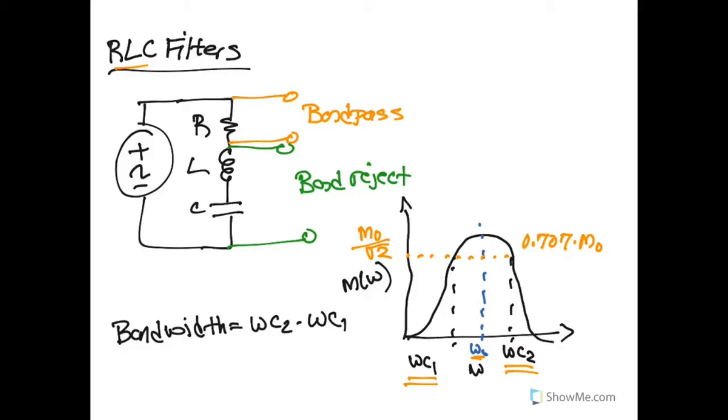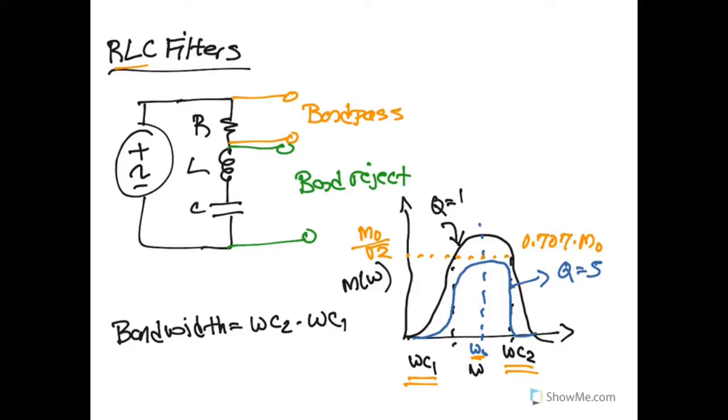A filter that has a more narrow bandwidth is going to have more quality to it. So let's say that this filter right here has a quality of 1. We look at this bandwidth and it's a little bit too large, and so we narrow it. Now it has a quality of 5.